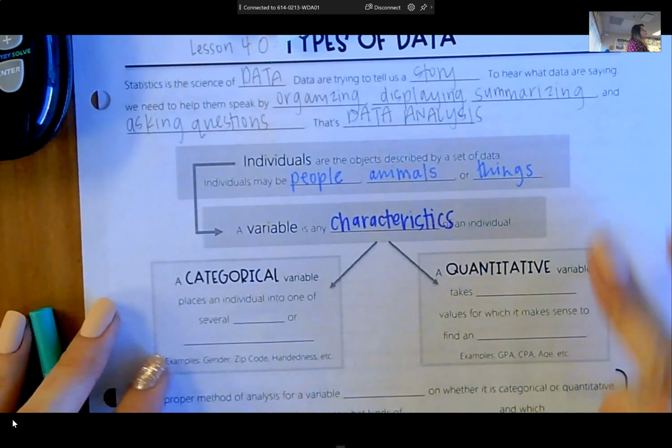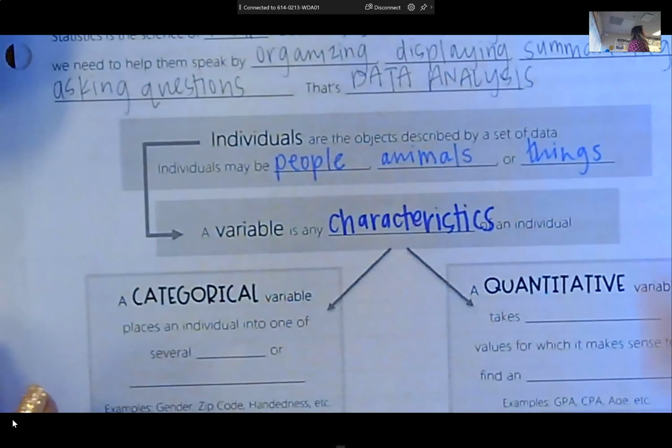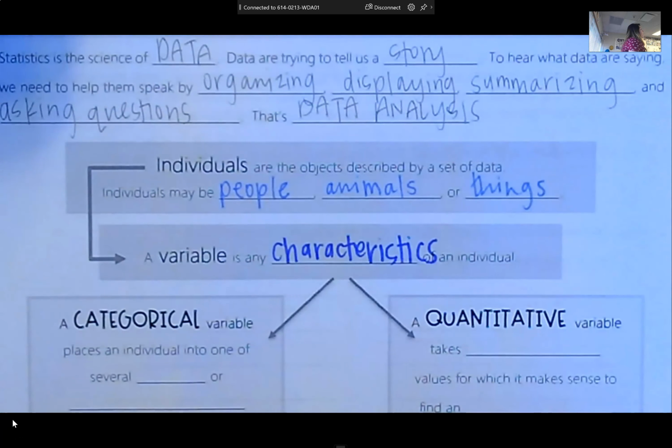I looked at 2 variables this morning for your tests. I looked at grade and missing late work. So I looked at 2 variables or 2 characteristics, and those were your letter grade on your test and whether or not you had missing assignments for only the work that applied to that specific test.